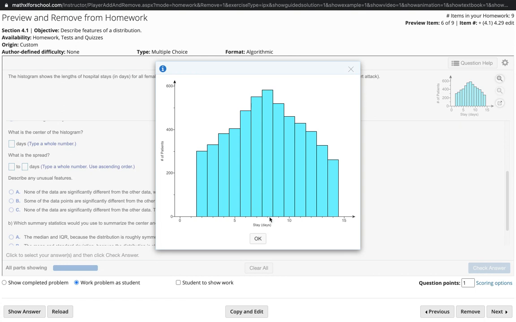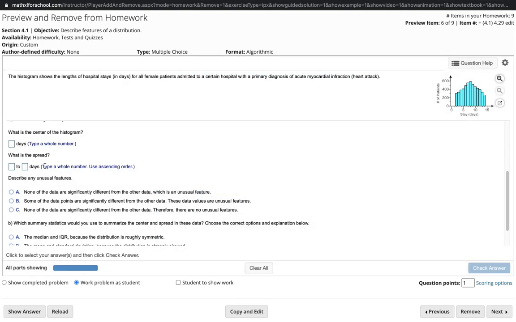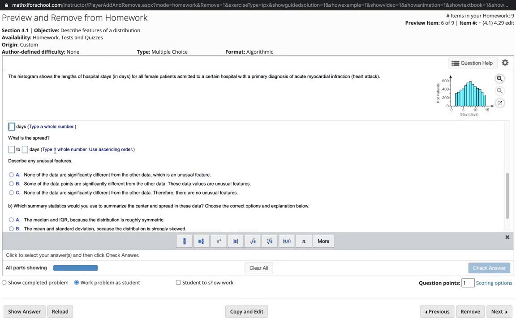So to sum up, the center of a histogram is where the mode is, where the high point of the histogram is. So let's just check here. That's going to be 1, 2, 3, 4, 5, 6, 7, 8. So the center is at 8.